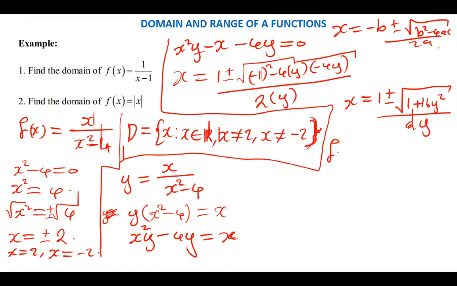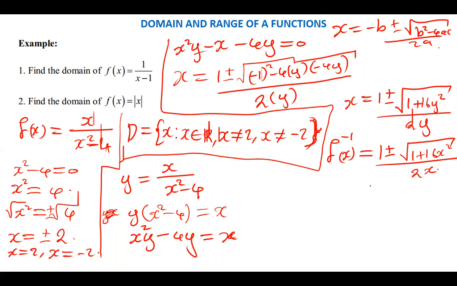So the inverse, f inverse of x, will therefore be equal to 1 plus or minus the square root of 1 plus 16x squared, and everything divided by 2x.